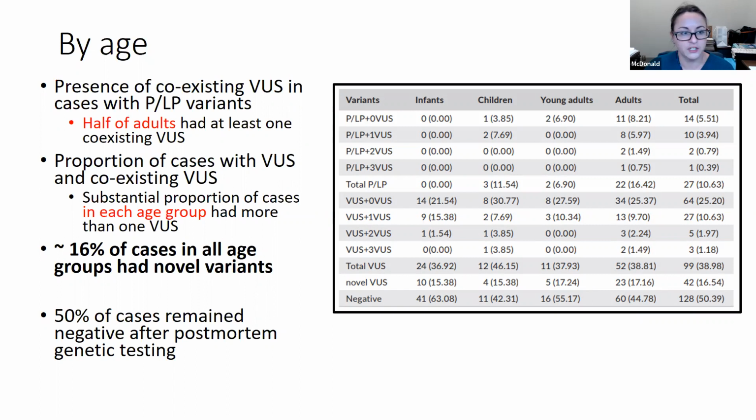As well as they looked at the proportion of cases with 2 or more VUS, and they noticed that there was a substantial portion of cases in each age group that had more than one. Importantly, they also found 16% in all age groups with novel variants.